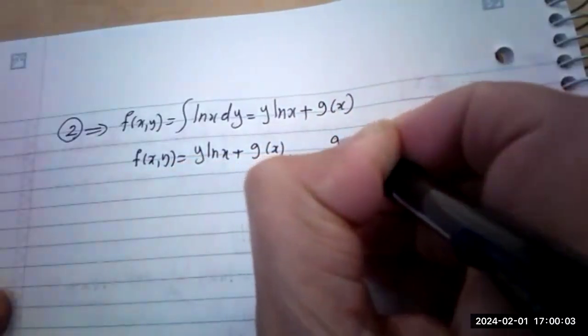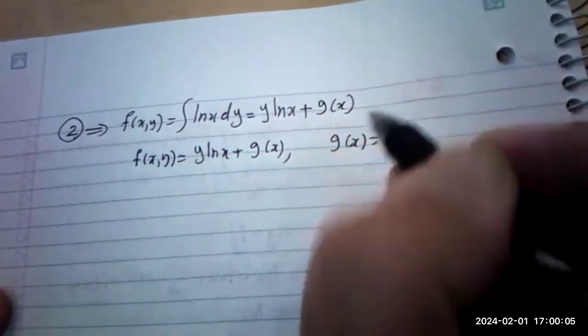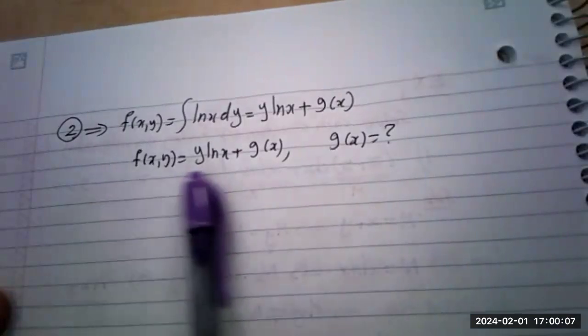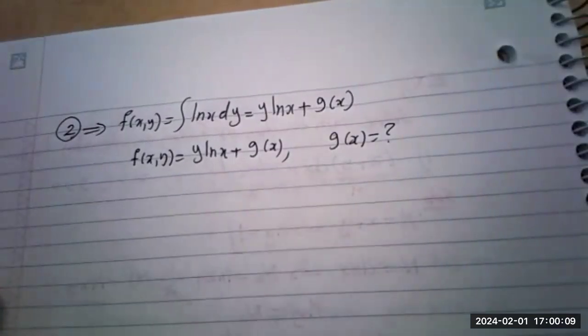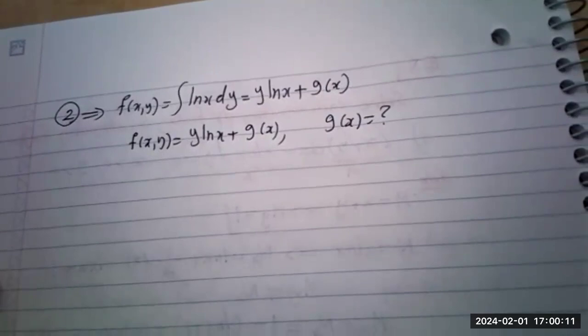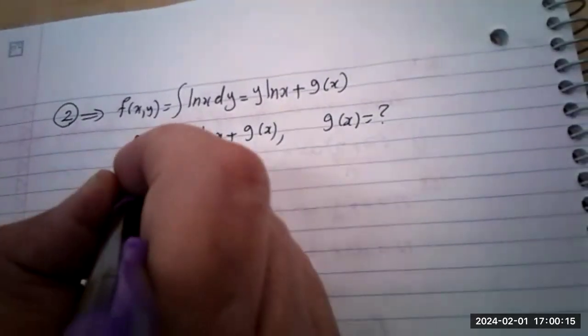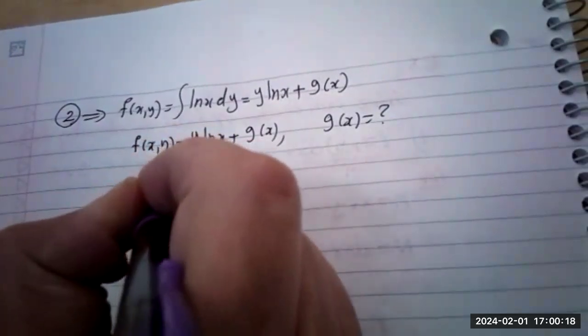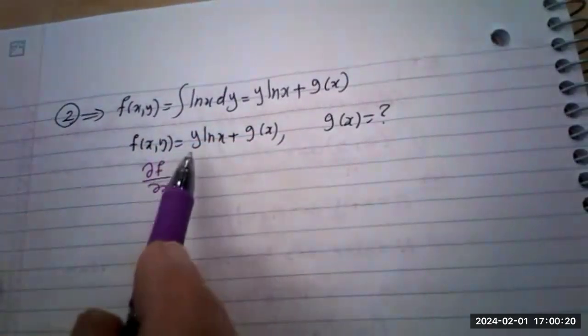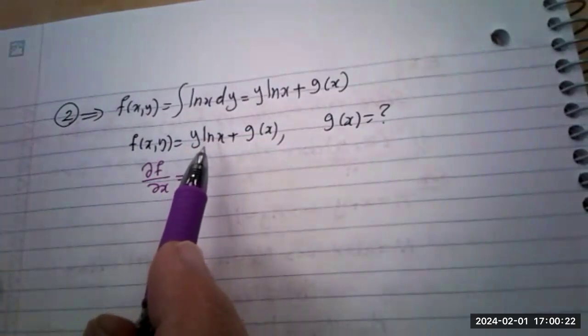Now I'm going to find g of x. To find g of x, you have to differentiate this one with respect to x and compare it with equation number 1. So differentiating with respect to x gives ∂f/∂x equal to y, which is a constant, times the derivative of ln x, which is 1 over x.